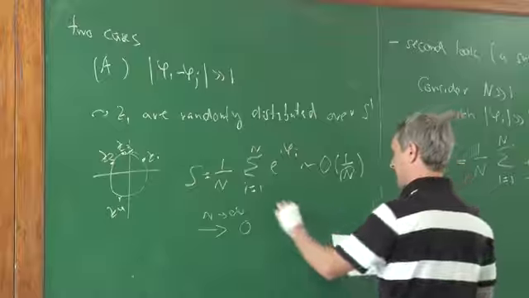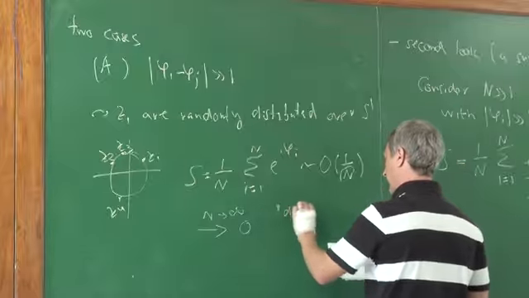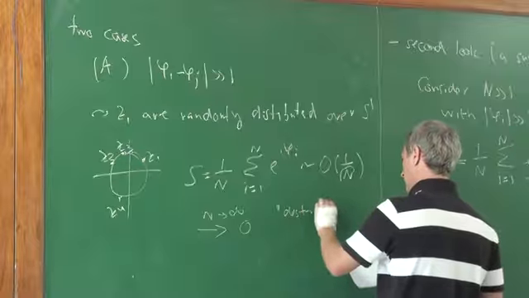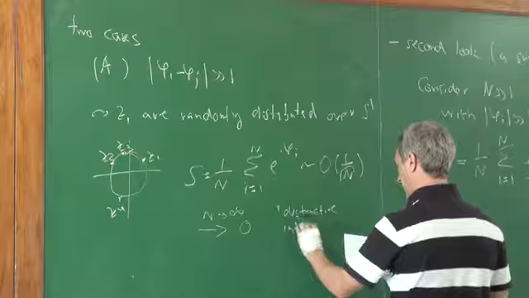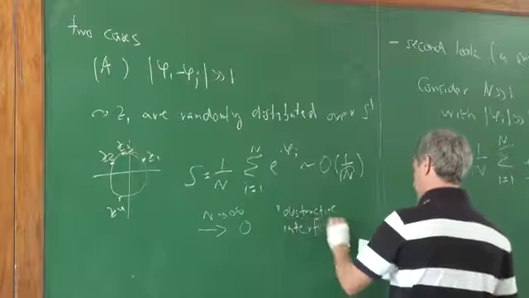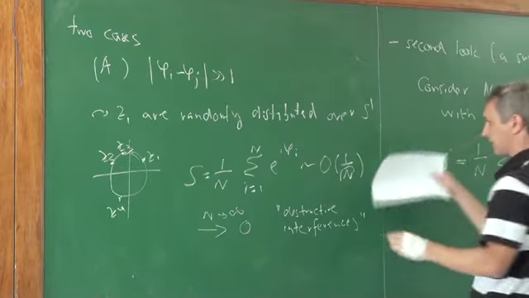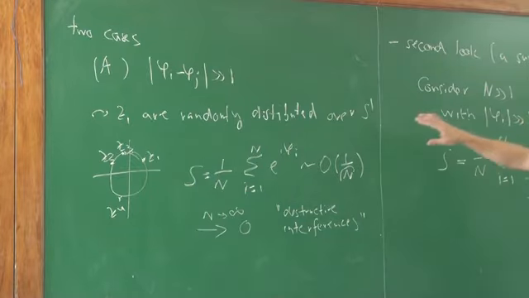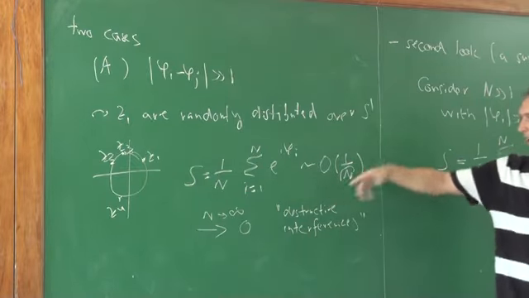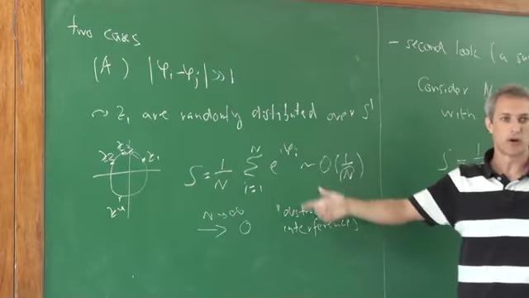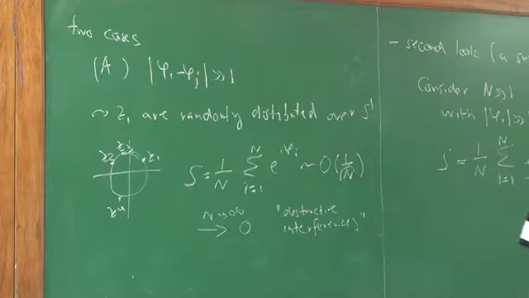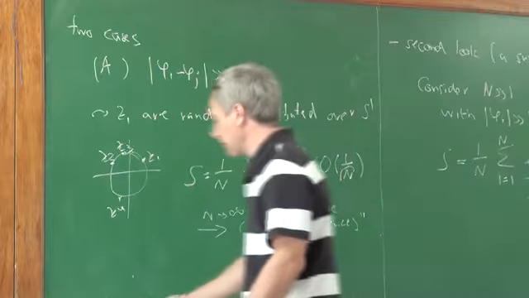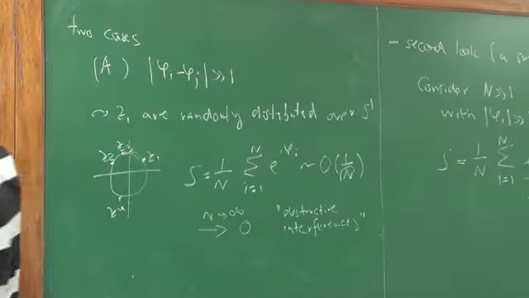What we can say is, we have, in a way, destructive interference of a lot of large phases. Maybe a better word would be an incoherent sum: if you have an incoherent sum of large phases, it gives you a suppression. Okay? So that's case A.